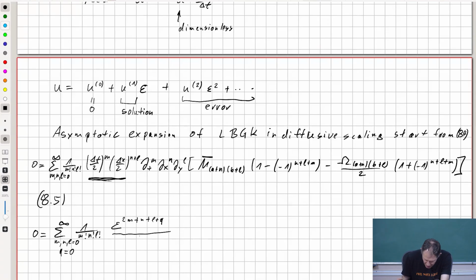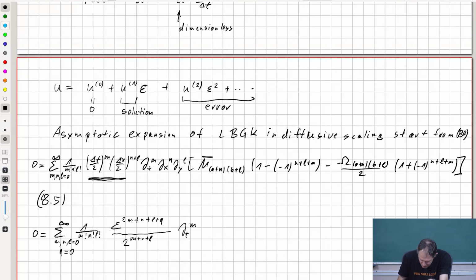So then we have to look at this part down here. This is 2 to the power of m plus n plus L. So note, this is not a mistake. Here's 2m plus n plus L, and down here we have m plus n plus L. So here's 2, here's no 2, right? That's not a mistake.